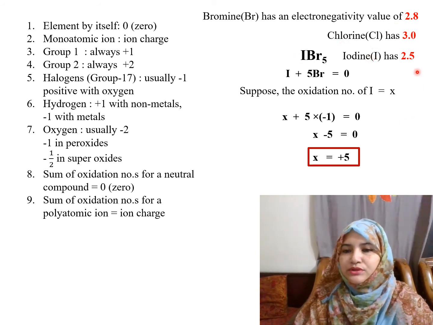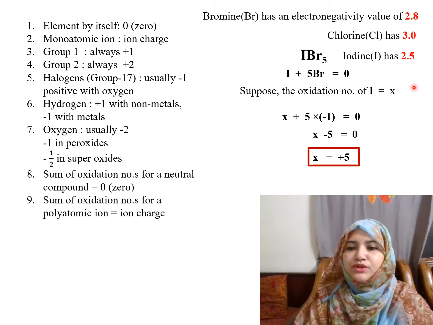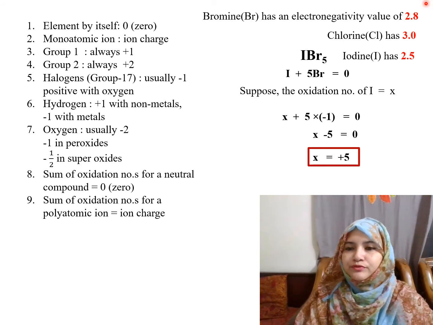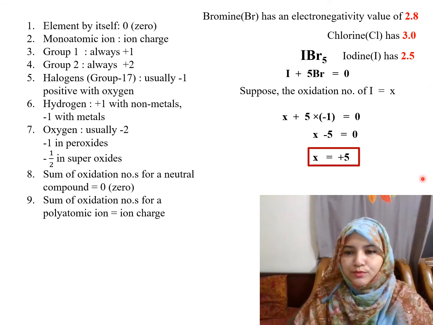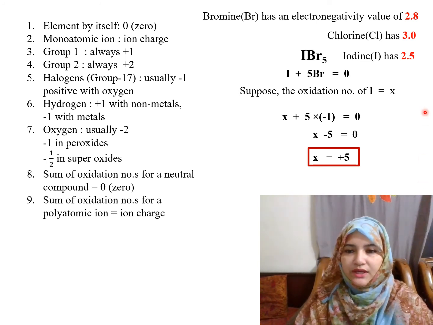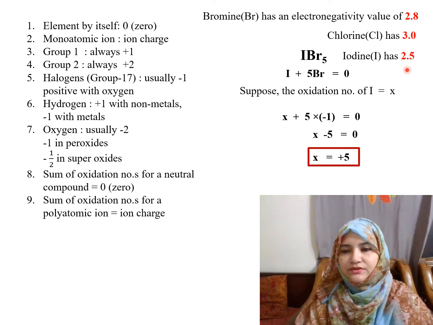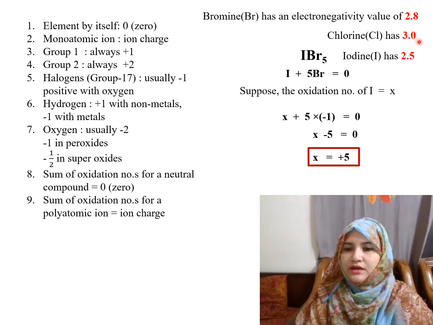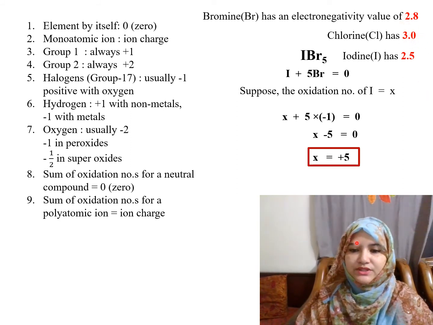If we cannot remember the electronegativity values, it doesn't matter, because we know the periodic trend: as we move from top to bottom in a group of the periodic table, electronegativity decreases. In group 17 chlorine comes first, then bromine, then iodine. That's why chlorine has higher electronegativity than bromine and iodine.